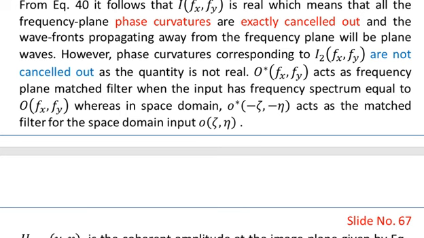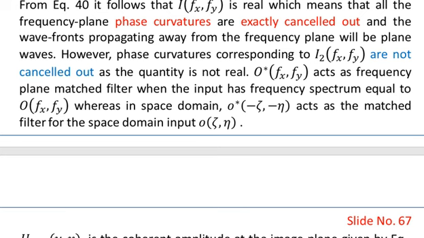So if you place an input O at the image coordinates, then the same object, O star at the coordinates minus zeta and minus eta, will act as the matched filter in the space domain. So small o and small o star are the matched filters corresponding to each other, whereas in the frequency domain, capital O star is the matched filter for the spectrum of capital O at the frequency plane.